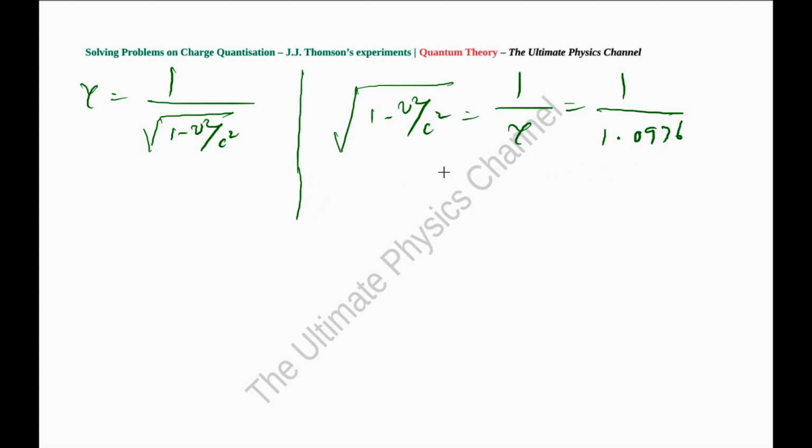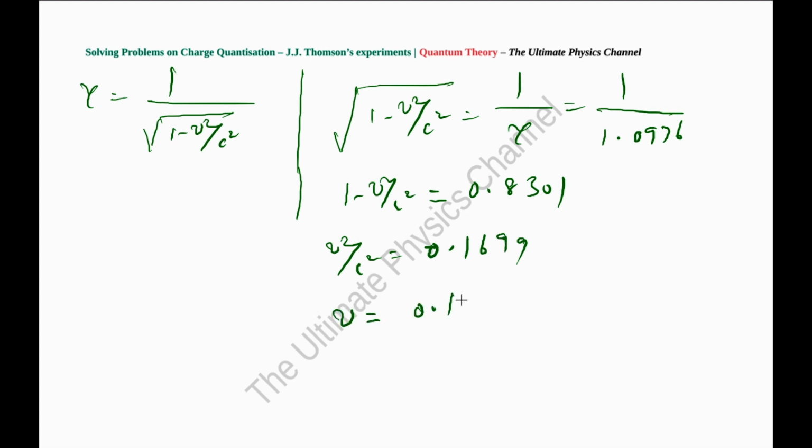Therefore we can square this on the left and right side, and then 1 minus v squared over c squared is equal to 0.8301, or v squared over c squared is equal to 0.1699. V is equal to the square root of 0.1699 times c.